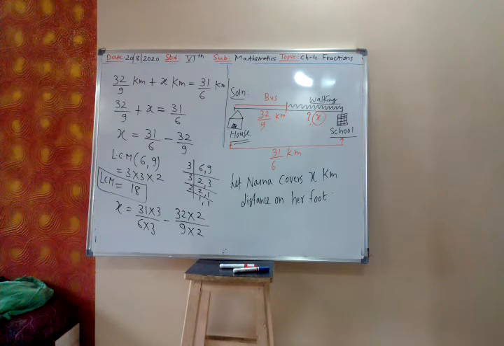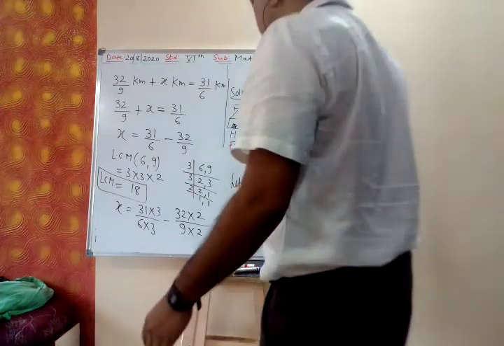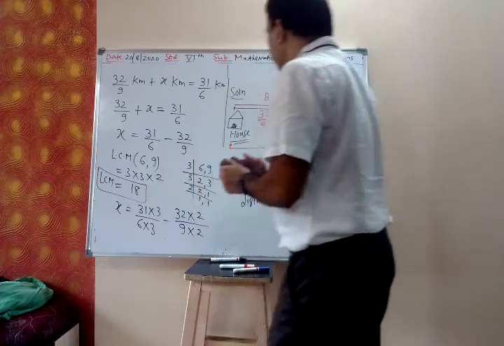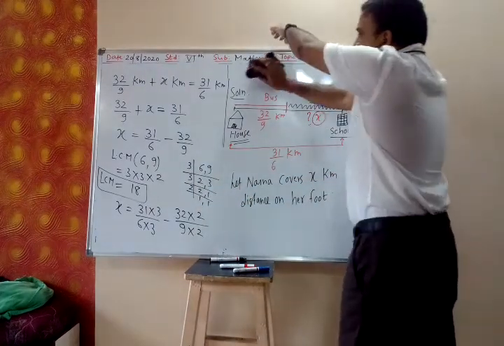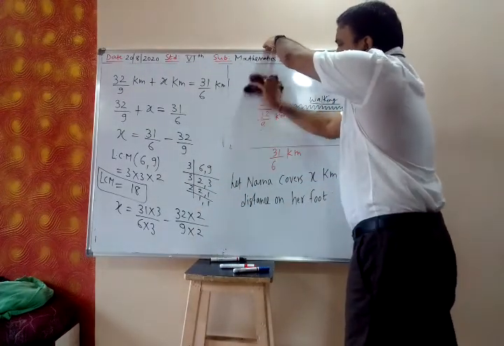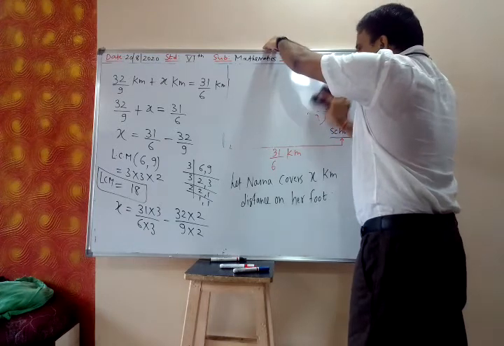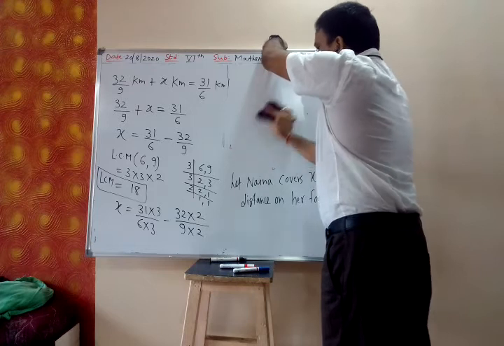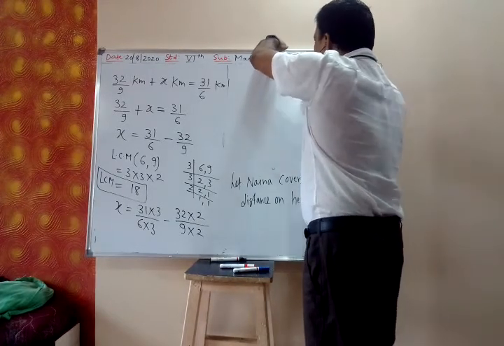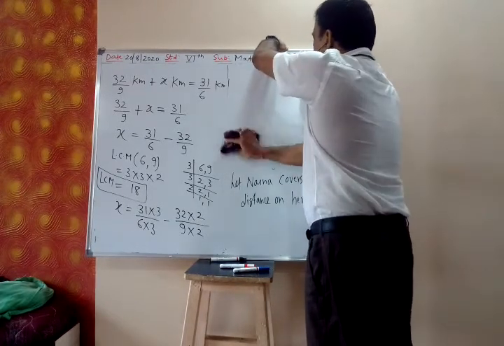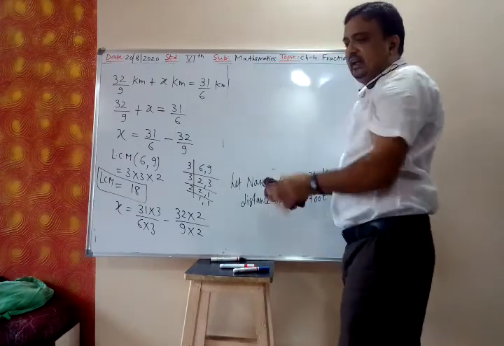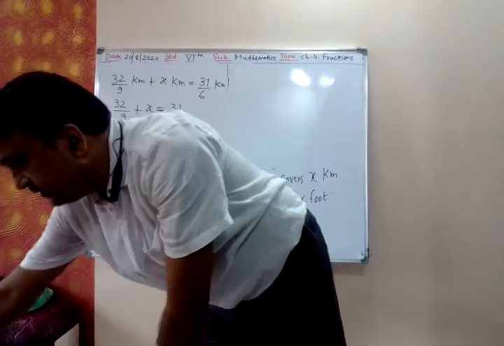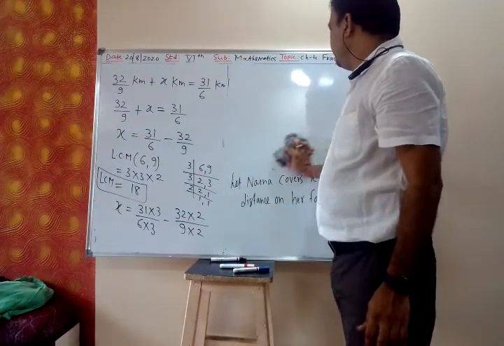That is LCM 18, so 6 I will multiply by 3, 9 I will multiply by 2. Now we have to simplify that. So x will be nothing but total distance minus distance covered by bus.